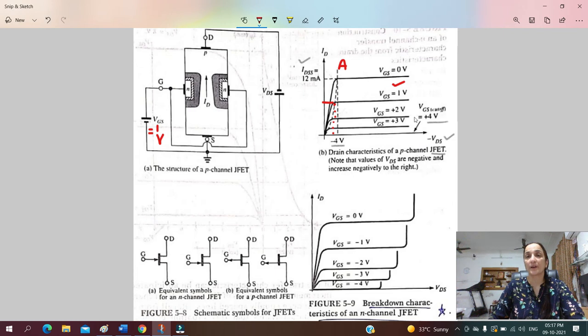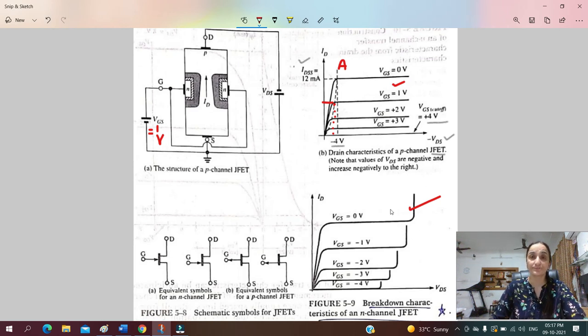Breakdown will also occur for a lower value of VDS. When VDS is made sufficiently large, then the junction breakdown may occur, which may result in damaging the device.